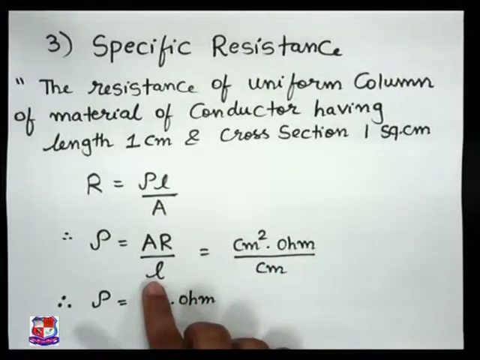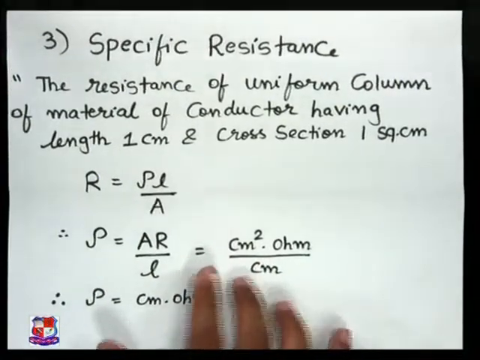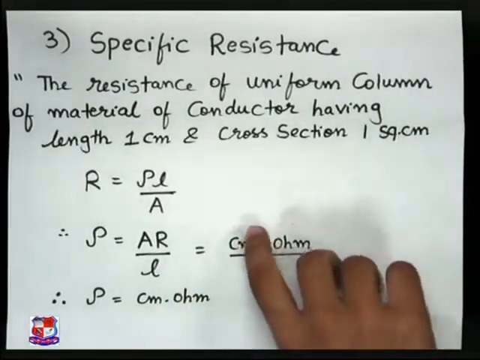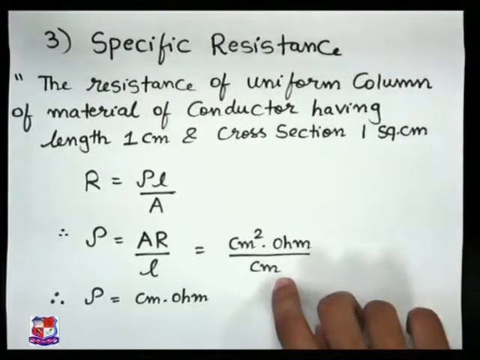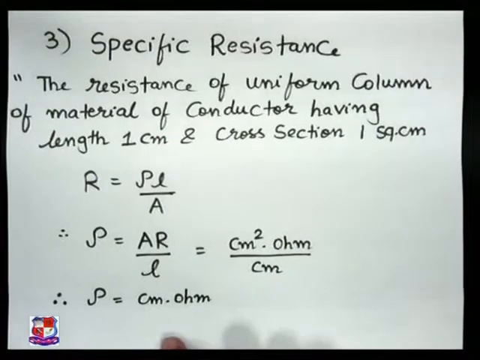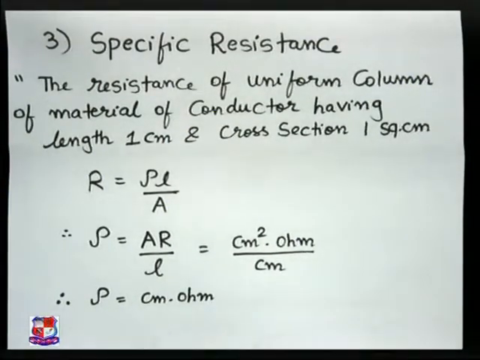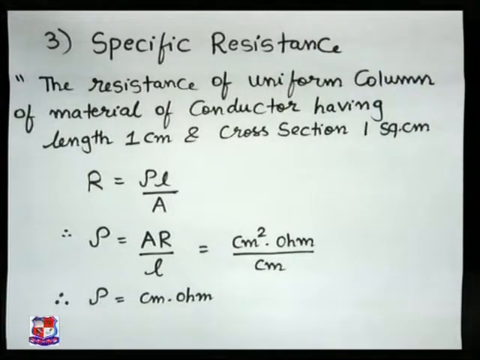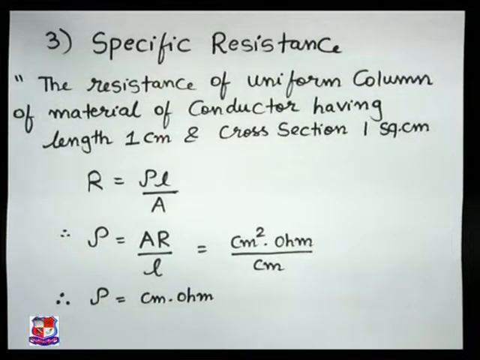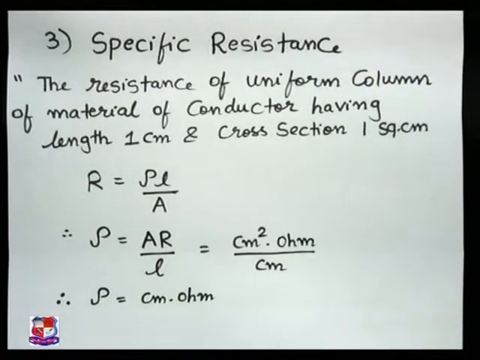Below is the length of the conductor, which is expressed in centimeter. One centimeter gets cancelled, and finally we end up with centimeter dot ohm. So the unit of specific resistance is centimeter dot ohm. It comes by this method. That one has to remember.